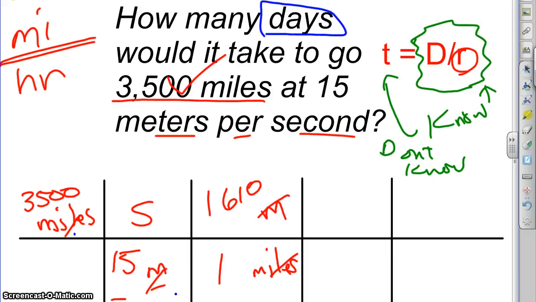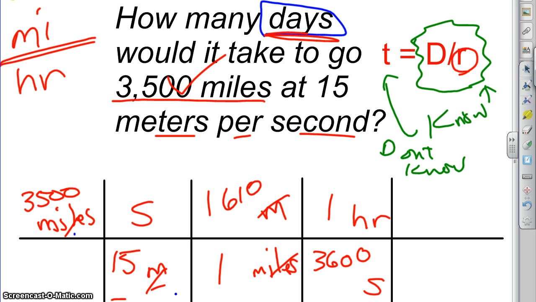And that's good because the answer needs to be in days, and we already know how to convert seconds into days. We're going to first convert seconds into minutes, and then minutes into hours. So I'm going to put seconds on the bottom. I'm actually going to go straight seconds to hours because I happen to know that, and I'm going to run out of room if I don't. If you want, you can go 60 and 60, but I'm just going to take 60 times 60 is 3,600, so I know that there are 3,600 seconds in 1 hour.